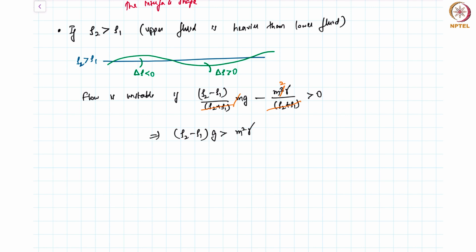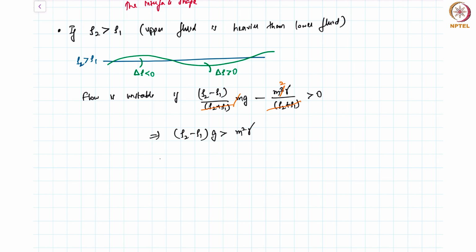What is the barrier? If these perturbations are growing, then that is also increasing the surface energy, and surface tension would oppose that. You're increasing the surface area and surface tension would oppose that. Therefore, there is a cutoff criterion. The cutoff criterion is as follows: rho 2 minus rho 1 times g, this density difference, has to exceed a particular threshold.